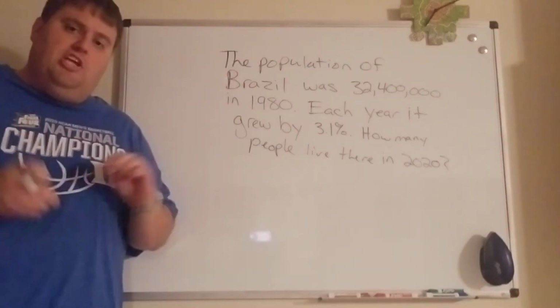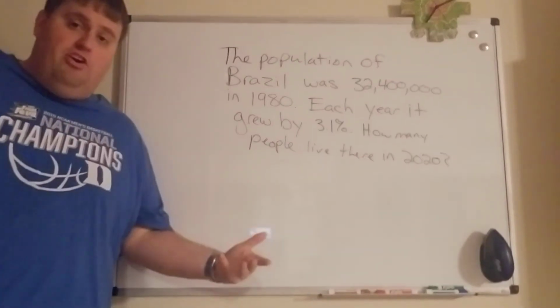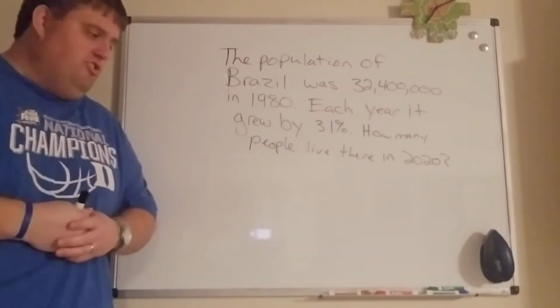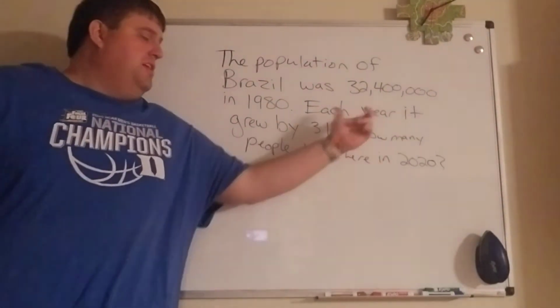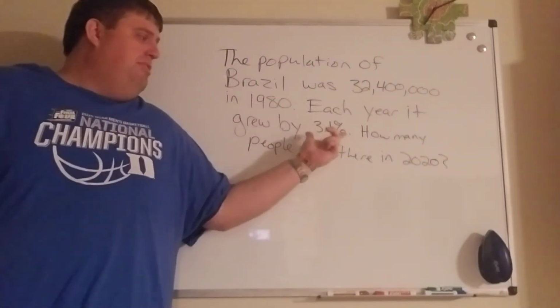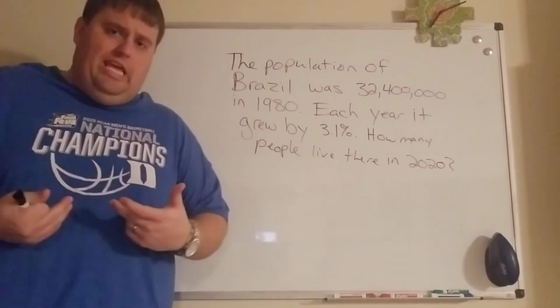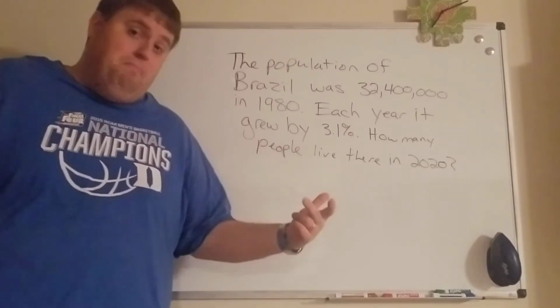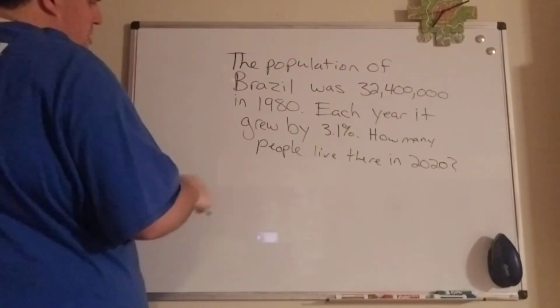So pretty much if we see a percentage change, you know that you're going to need to use an exponential function to model that. All right, so I'm saying each year that this thing grew by 3.1%, that means we're going to need to use an exponential model. And the model is going to look very similar to what we did yesterday.